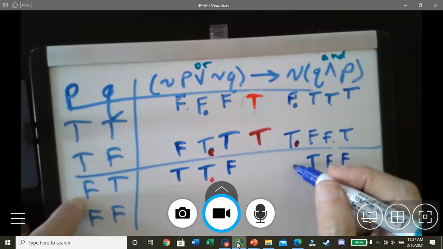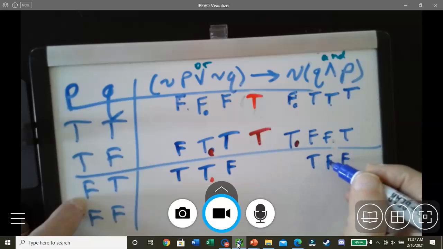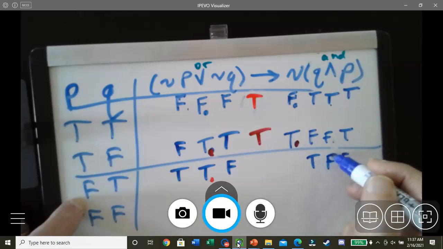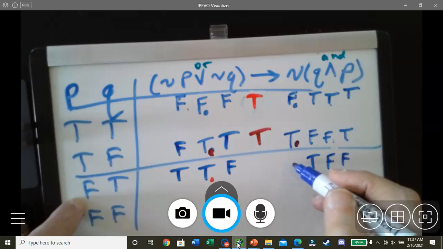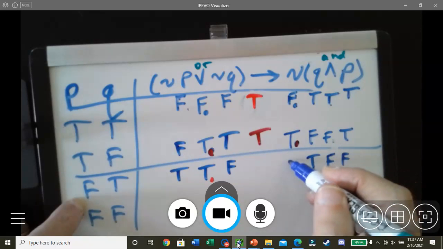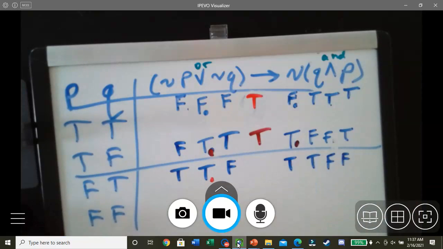So if the and is false, then the not is true. Good. So put a dot there. Okay, so now we're saying if true, then true is true. That's an easy one, right? Okay, how'd we do?